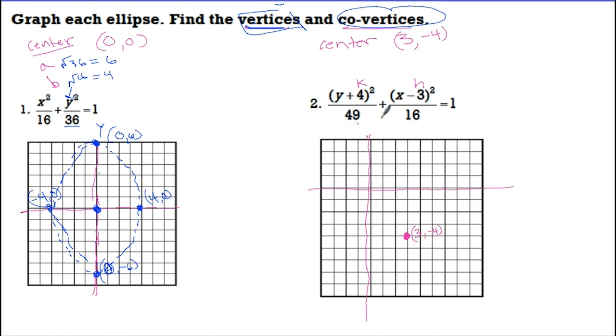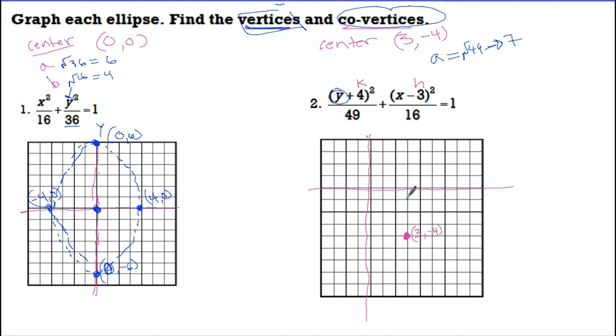Okay, so now let's locate A and B. So now this is a little problem here where we switched X and the Y. So stay on your toes here. So to locate A is the distance from the center to the vertex. In this case, it's underneath Y, and it's the square root of 49. Square root of 49 is 7. So that means it's 7 units in this direction from the center.